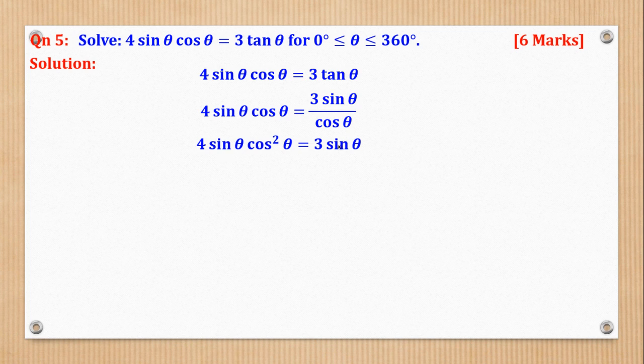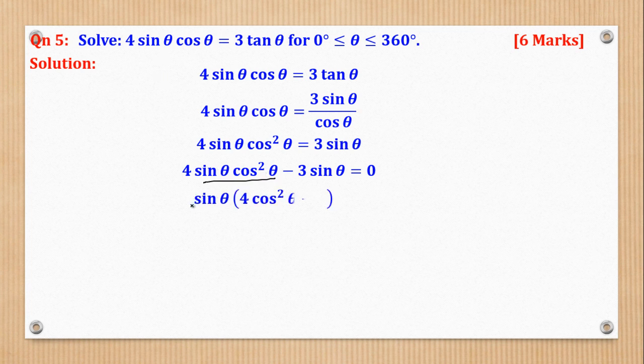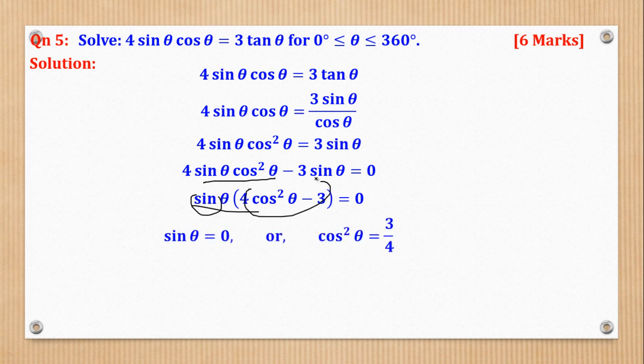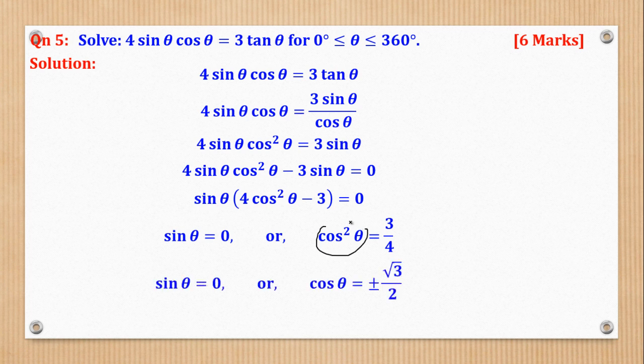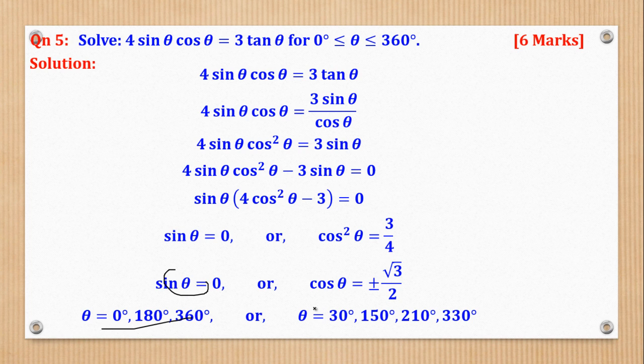We only take everything on one side and factorize. That means that this is equal to 0 or this is equal to 0. This is a square, so you put square root on both sides to get plus or minus. Therefore, for sine theta equal to 0, these are the angles, and for cos theta equal to plus or minus root 3 over 2, these are the angles. And that's what they wanted.